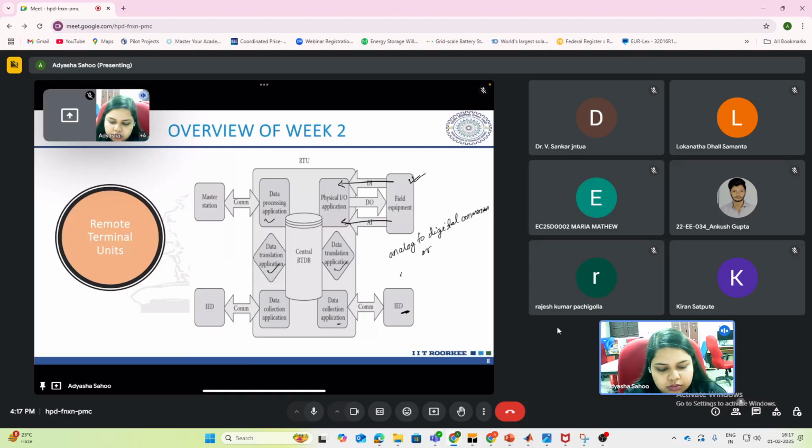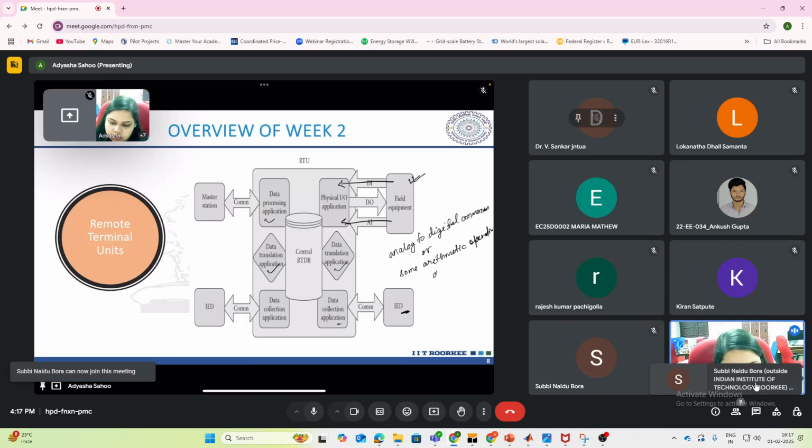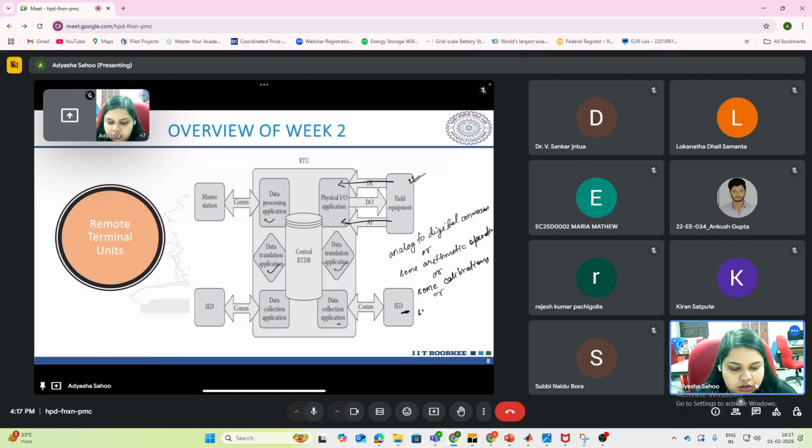Or maybe some arithmetic operations, or maybe some calibrations, or some time stamping of the data, or some change of unit.